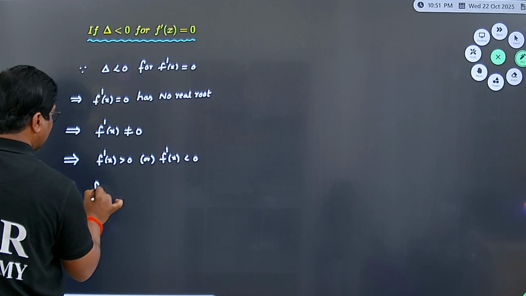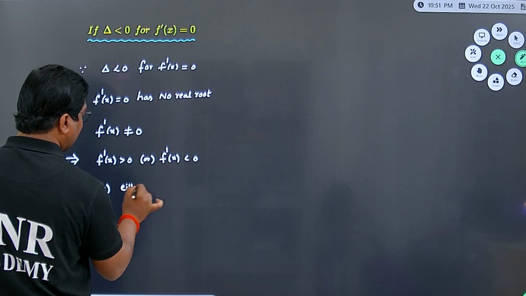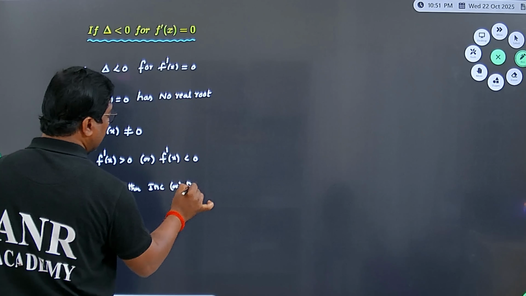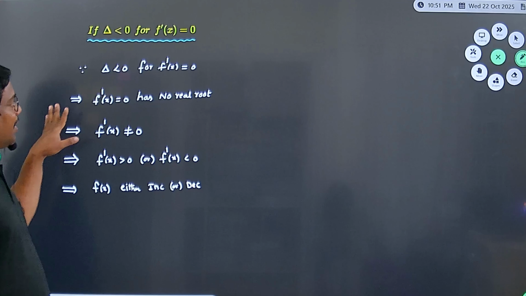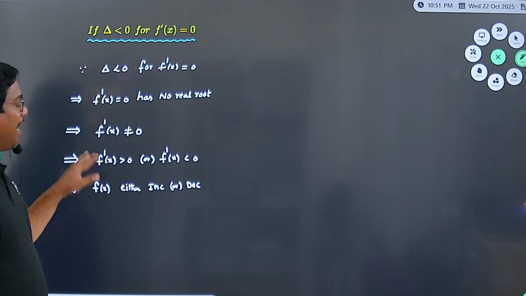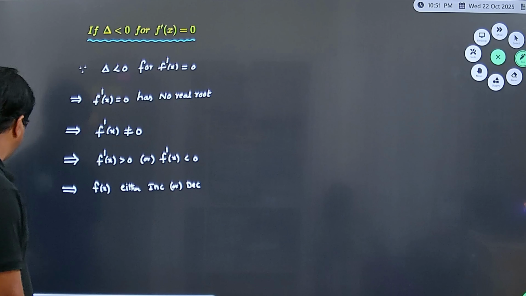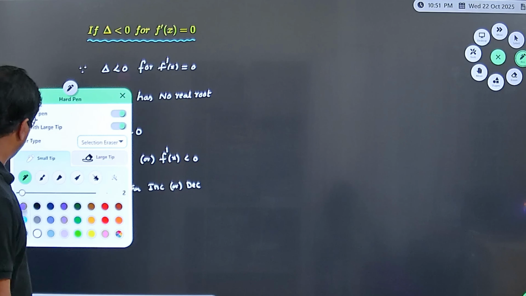This implies I can say that f of x is either an increasing or a decreasing function. So now you have to draw the graph in either an increasing manner or a decreasing manner. I am going to draw the graphs.